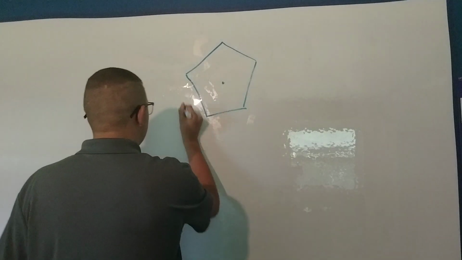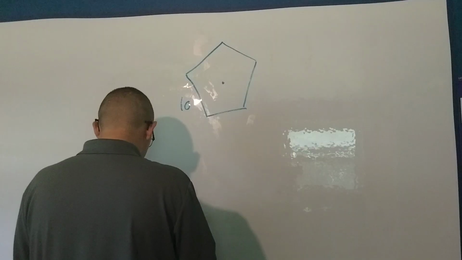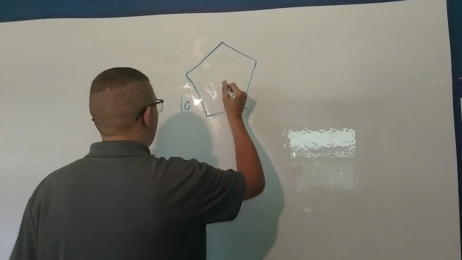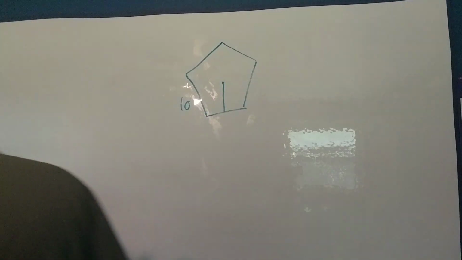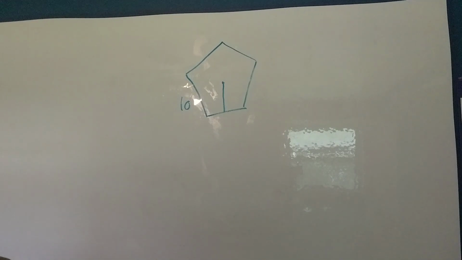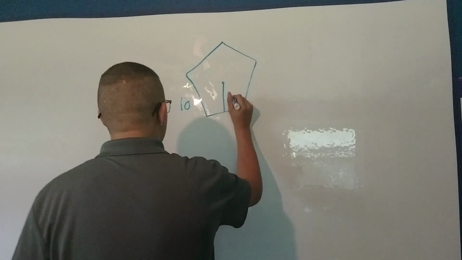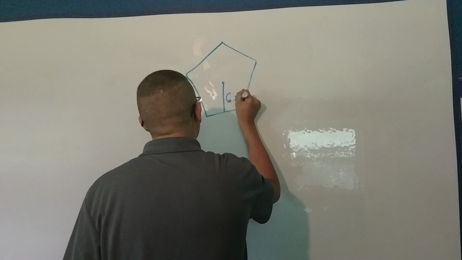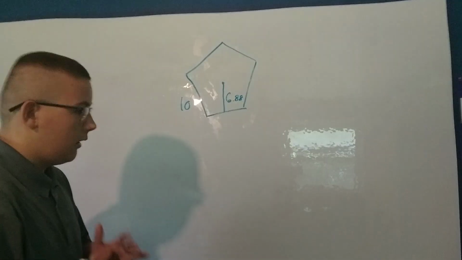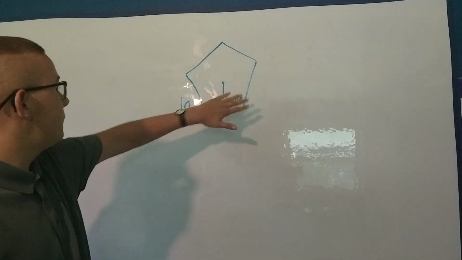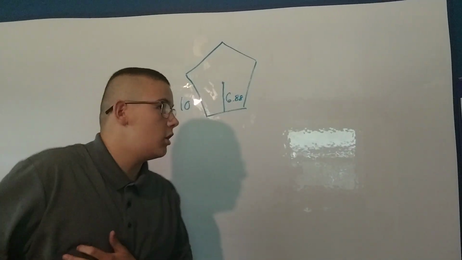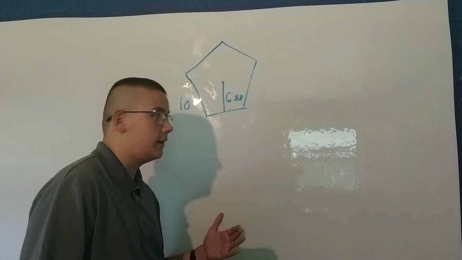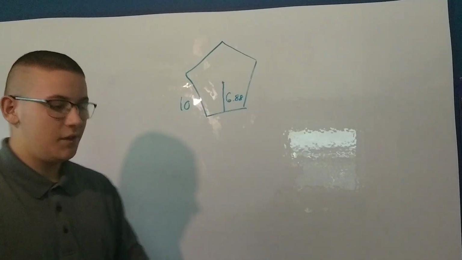And I tell you that this side is 10 units, and the apothem is, what's the apothem? The apothem would be 6.88 units. I know this is 6.88 units, but you can go and prove that the apothem is 6.88. But just trust me on this one.